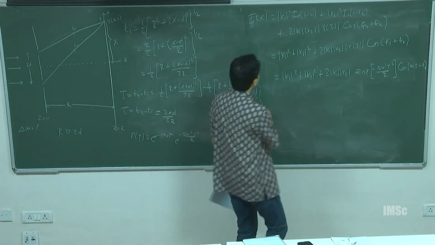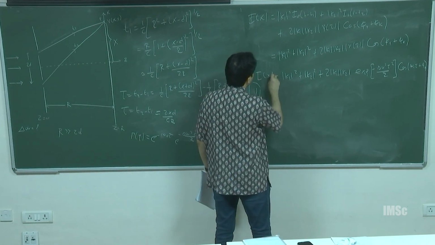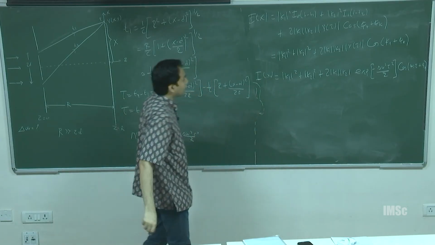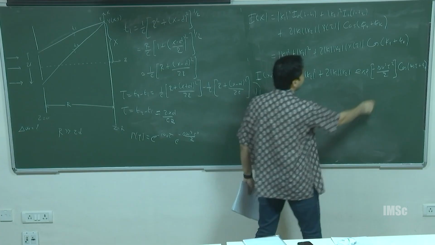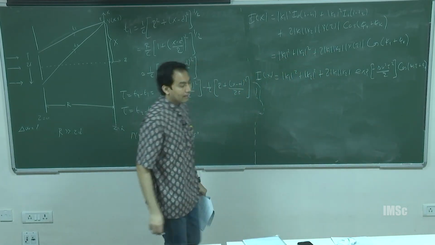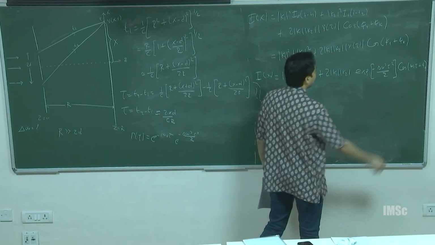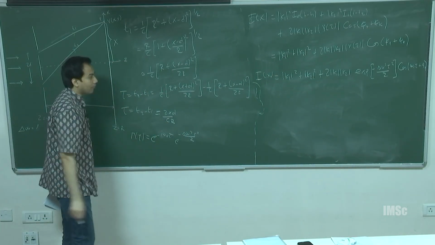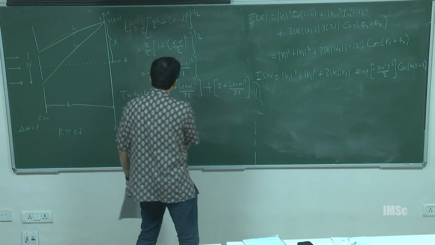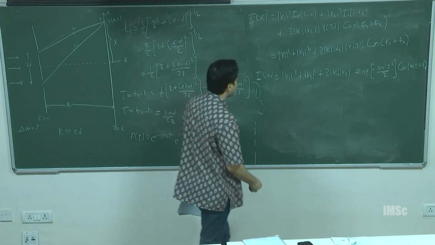So this is what we will measure. This is the expression for intensity as a function of x. So the question is, there is no x in this expression, but that x comes through tau, because tau is related to x. So all we have to do is to substitute for tau explicitly in terms of x, d, and r.